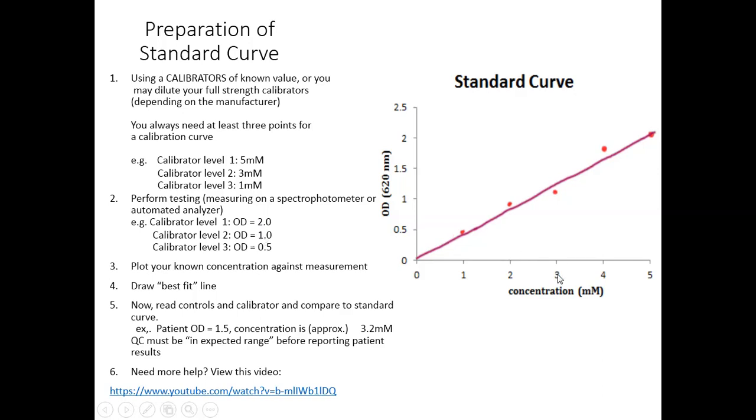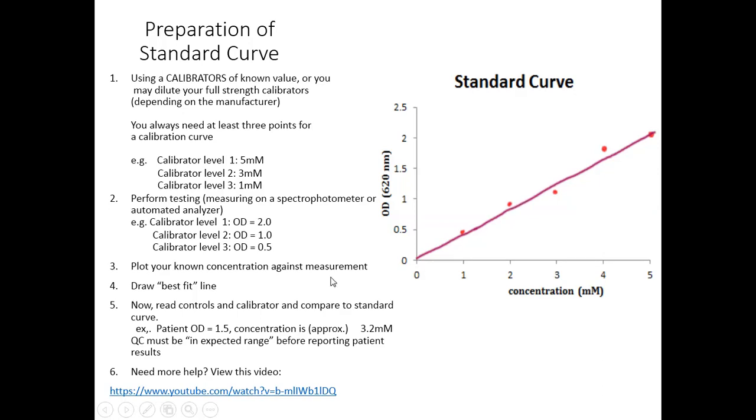I'm going to apologize if my drawing is not perfect here, but I would draw a line straight up from 3 and a line straight over from 1, and where they intersect, I'm going to put a dot. And then I'm going to get my third one. This is at 1 millimole and a reading of 0.5. So I go to 1 millimole, I draw up, I go to the 0.5 and I draw over, and where they meet, I have a point. Now I have 3 points, but this one had 5, so we're going to ignore those.